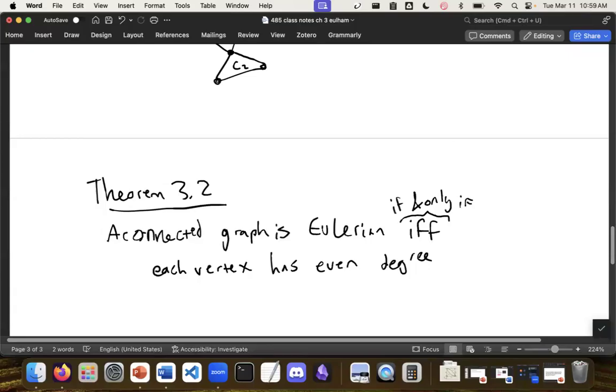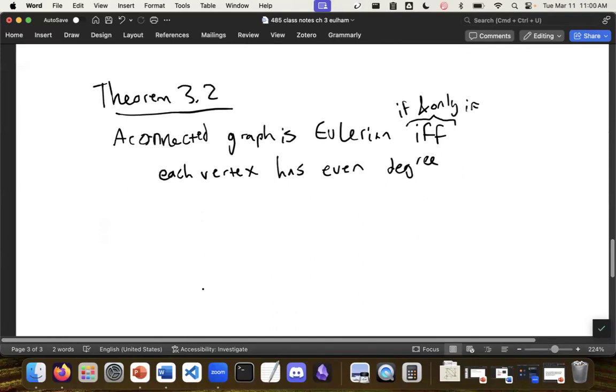A note on this notation, the IFF, that's not a typo. It means if and only if, it just gets abbreviated to IFF. And what this is doing is showing a bijection. So we're going from one thing to the other, and we can also go from the other thing to the original thing.